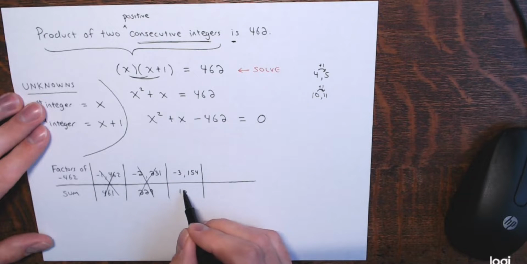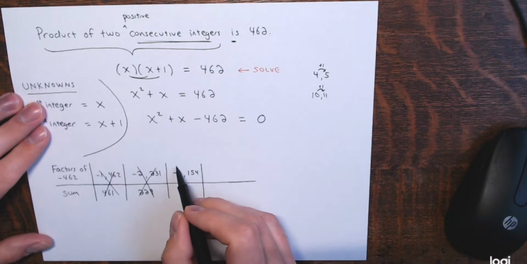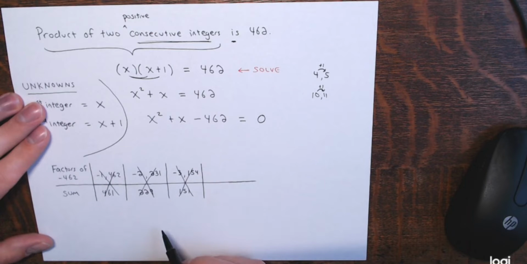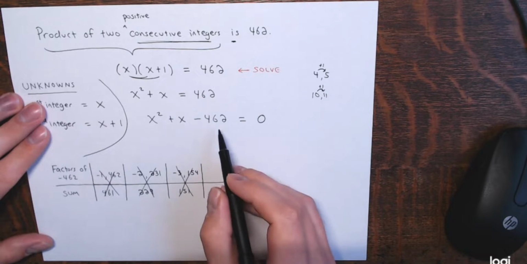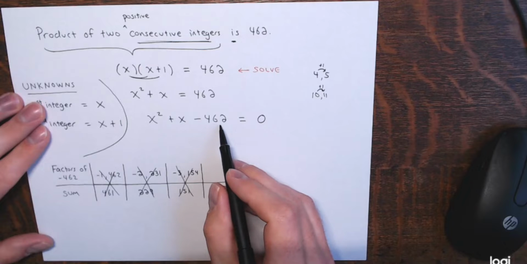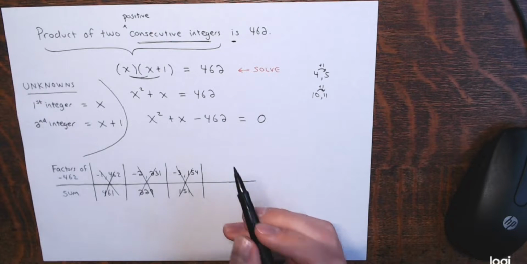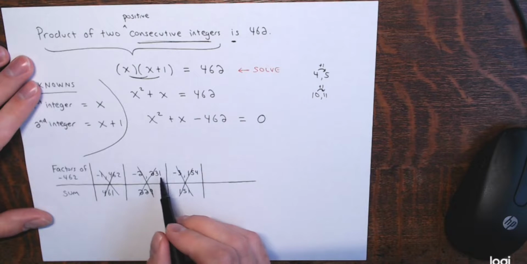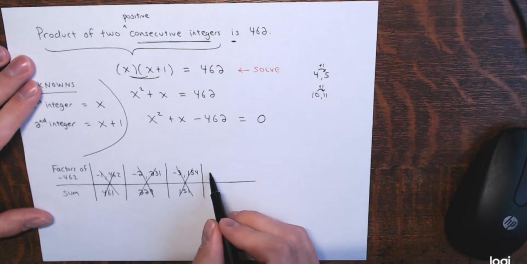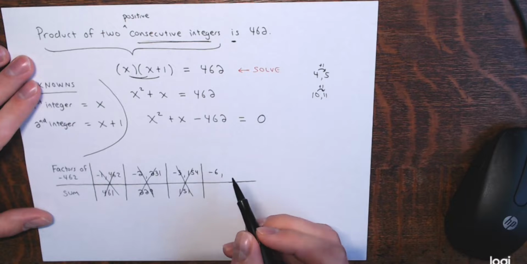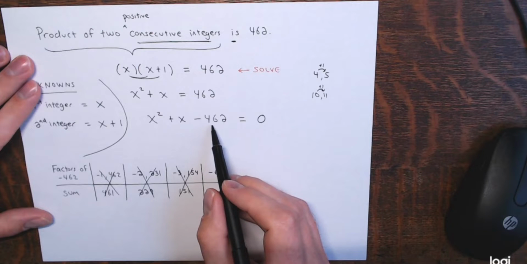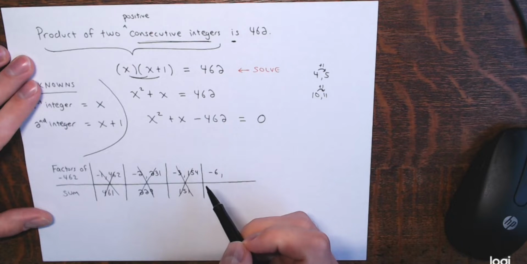So we're getting closer to 1, but not 1 itself. 4 doesn't go into this because the last two digits aren't a multiple of 4. 62 is not a multiple of 4. It's not a multiple of 5. It is a multiple of 6 because 2 and 3 go into it. So let's see, negative 6, and this would be 6 times 77. 420 and 42.